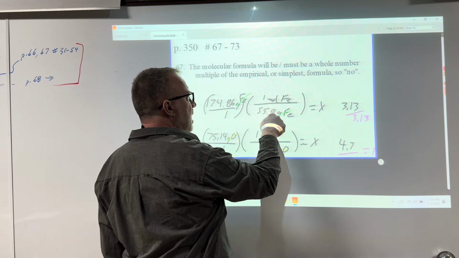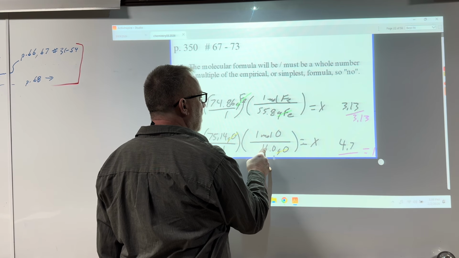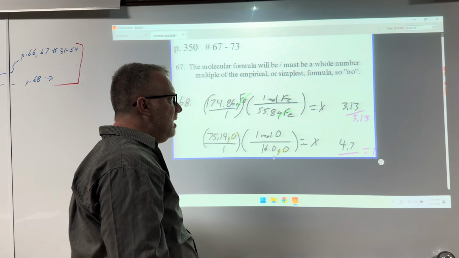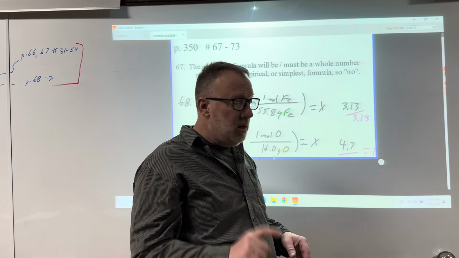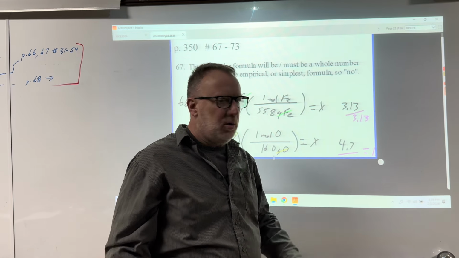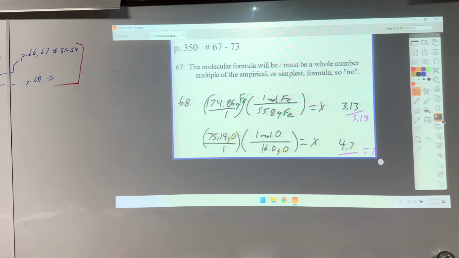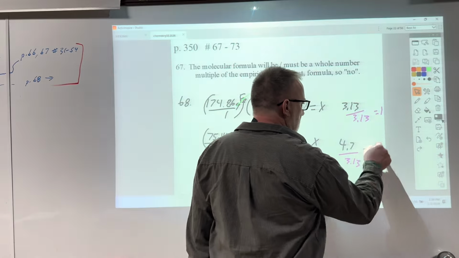Iron's 55.8 grams divided in is 3.13. 75.14 divided by 16 grams of oxygen comes out to be 4.7. Divide by the smallest. You need to know that. So the smallest of these two numbers is 3.13. And I think this just asks for the empirical formula. When you do, you get about 1 and about 1.5.